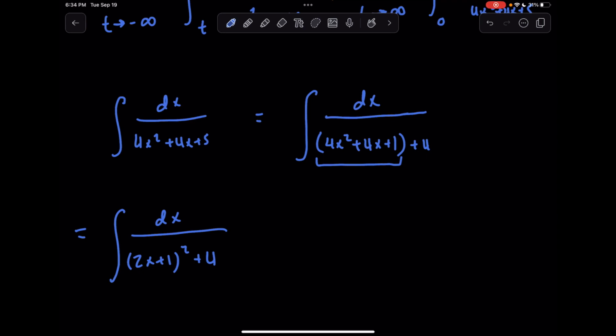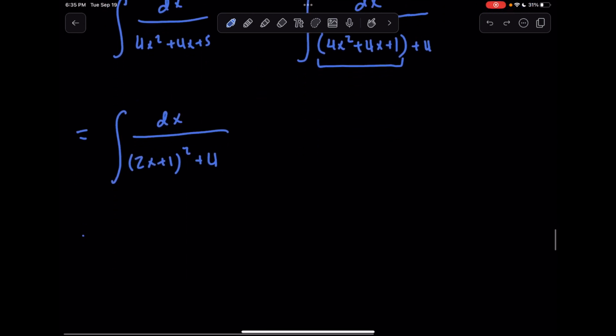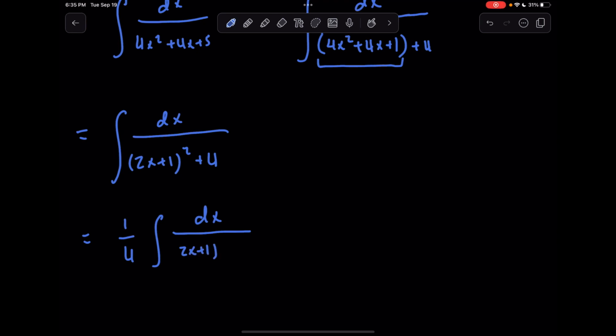From here, we're going to try and get this into the form of tangent inverse. Tangent inverse is du over u squared plus 1. So we're going to want to start by dividing by 4 to turn that into a 1. So this equals 1/4 integral of dx over 2x plus 1 squared over 4 plus 1.